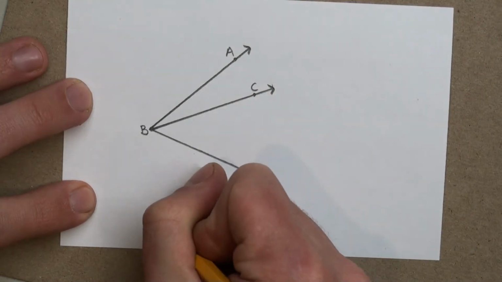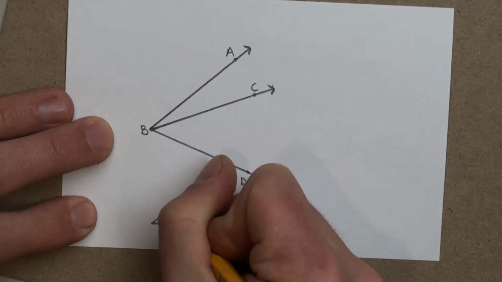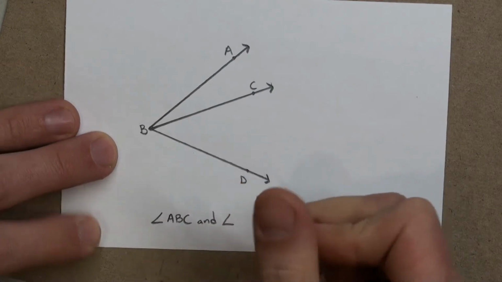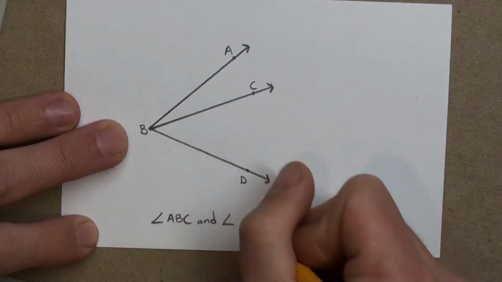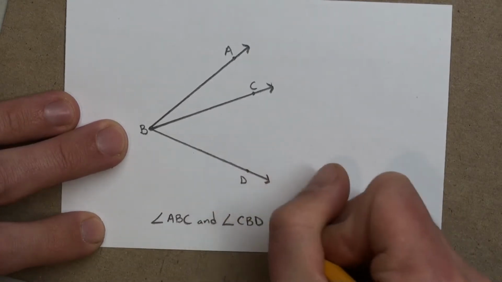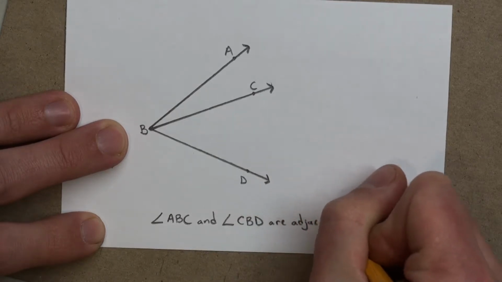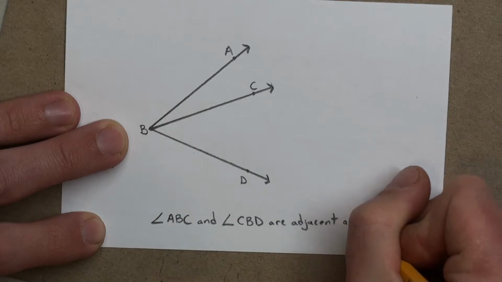So we could say that angle ABC and angle CBD are adjacent angles.